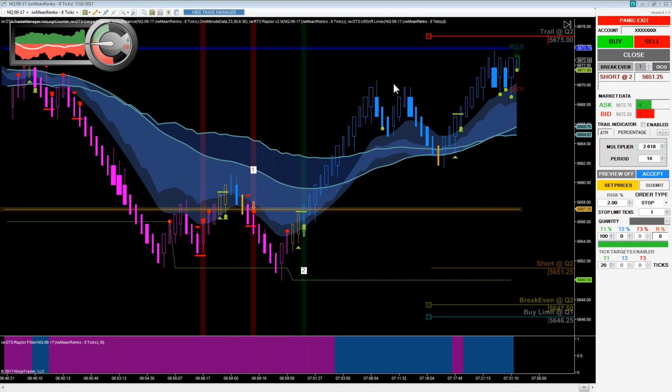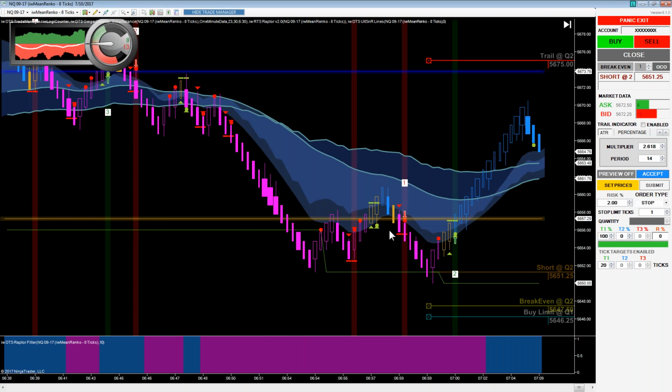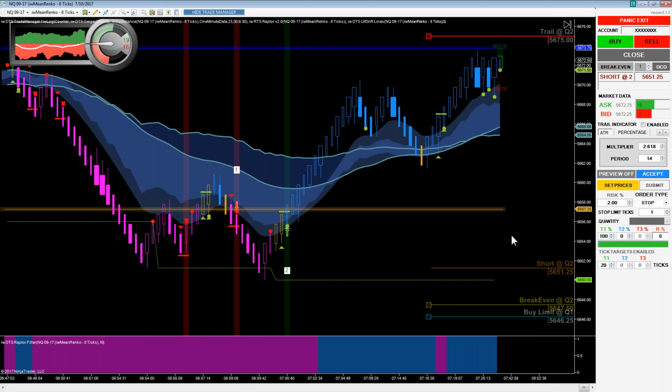It was an important number back here as the market hung around the 5670 mark before falling. And now we're back at 5670 and the market's still thinking about it. But so far, uncommitted to the move lower.